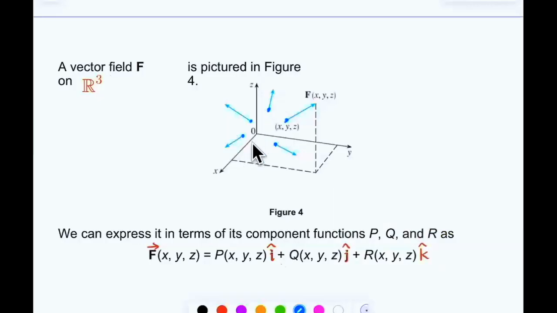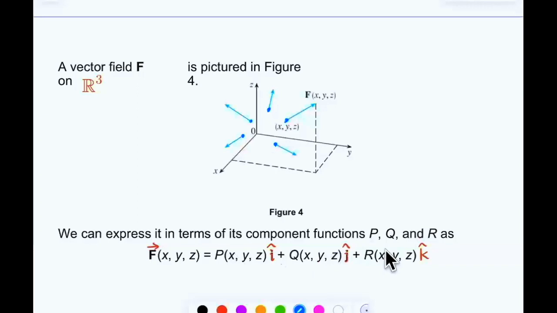We can express this vector field in terms of its component functions P, Q, and R. So now it has three components, i, j, and k, and then it has those scalar functions right here, P, Q, and R. Actually, you can call it a scalar field. Scalar function, scalar field, you can call it either way.